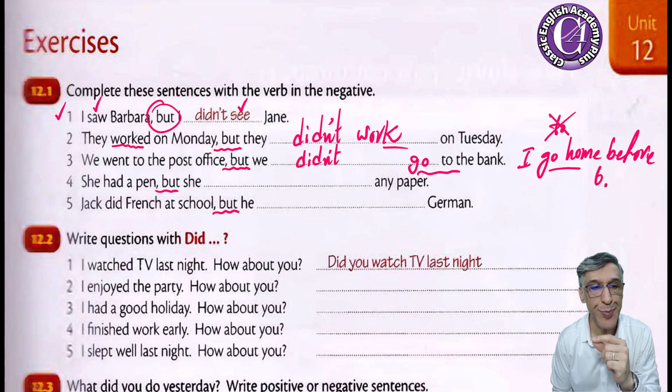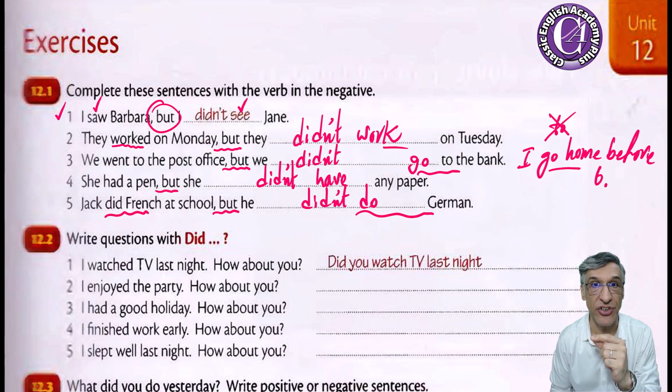Never. She had a pen, but she didn't have one. Yes, we need the have here. I tell you why. Jack did French at school, but he didn't do German. Do German or do French means learn French. Learn it. You understand it.